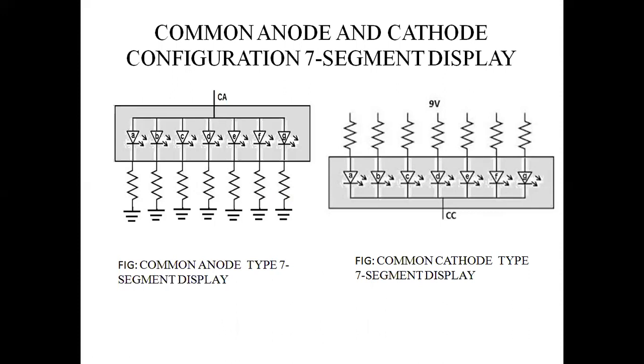In common cathode configuration, the negative ends of the 8 segments are connected in common, whereas in common anode configuration, the anodes, the positive ends of the 8 segments, are connected commonly to a common anode.